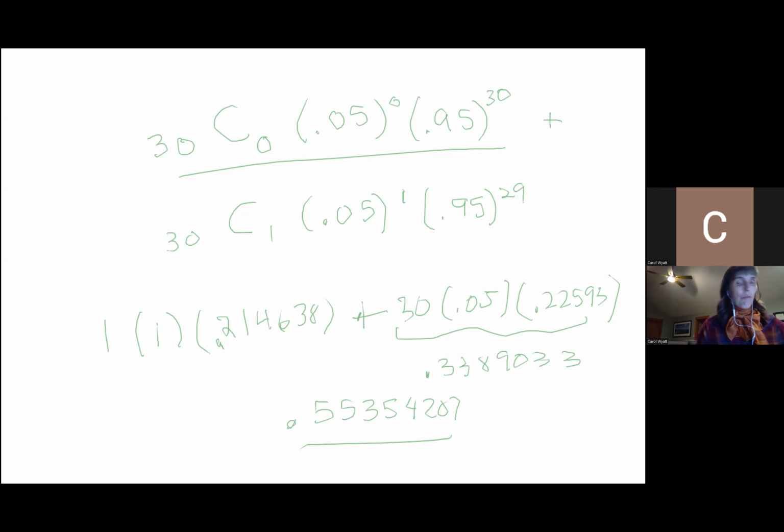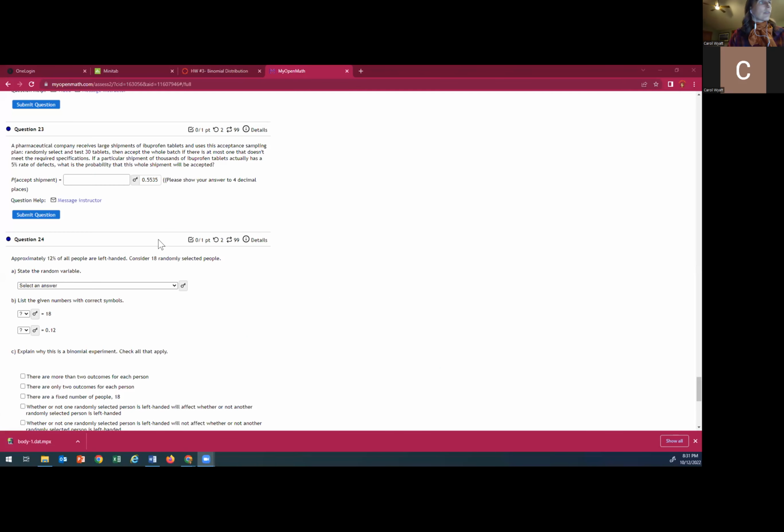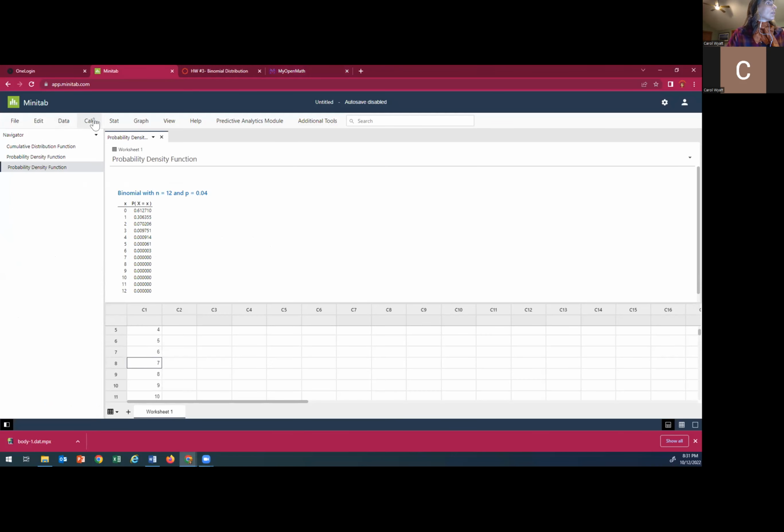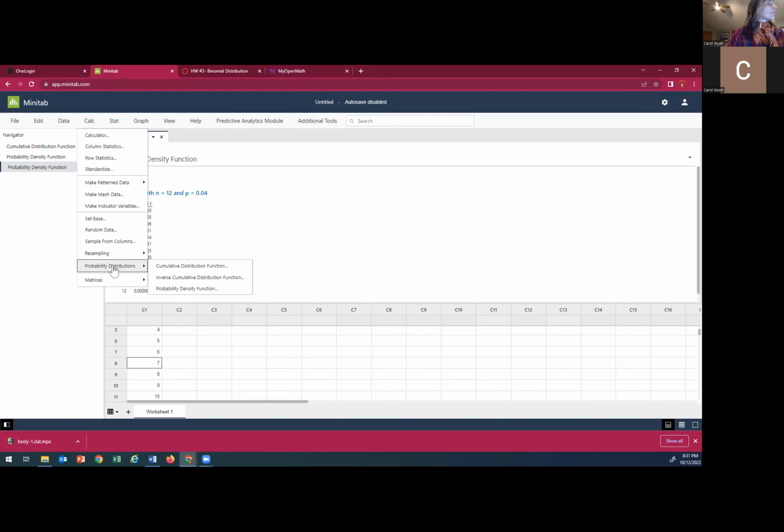Or if I'm feeling spunky and I want to use Minitab, I can go to my Minitab screen and go to calculate, probability distribution, cumulative, because we want at most 1, so 0 or 1. We are adding numbers together.